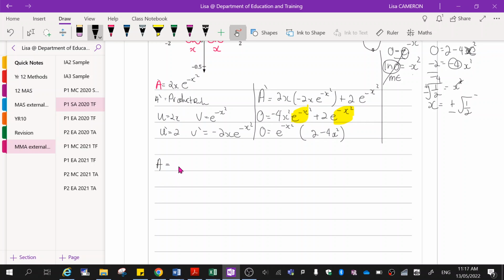So area equals 2x, e to the power of negative x squared. We're going to let x equal square root of 1 on 2. Okay, so 2 times square root of 1 on 2, e to the power of negative root a half, and that is going to be squared. Now we're going to simplify.